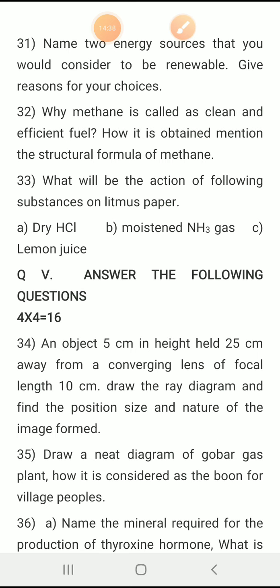So why is methane called a clean and efficient fuel? Because it does not produce much exhaust to the environment, okay. How is it obtained? Mention the structural formula of methane. It is obtained from the gobar gas plant, okay, that we have to mention a little. So children, you see here one or two more questions are combined together.